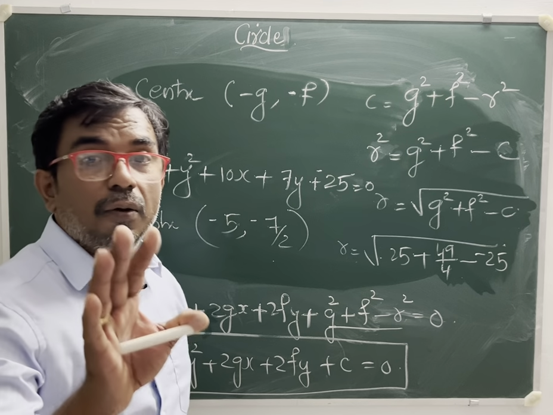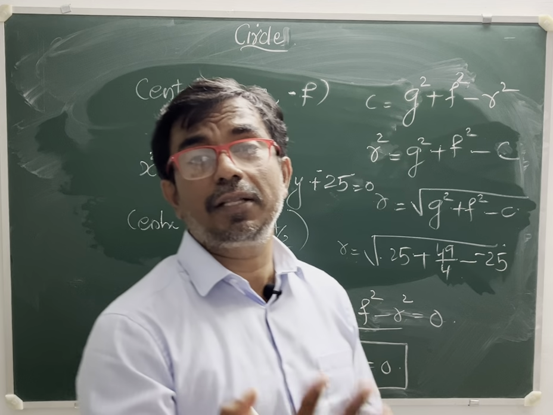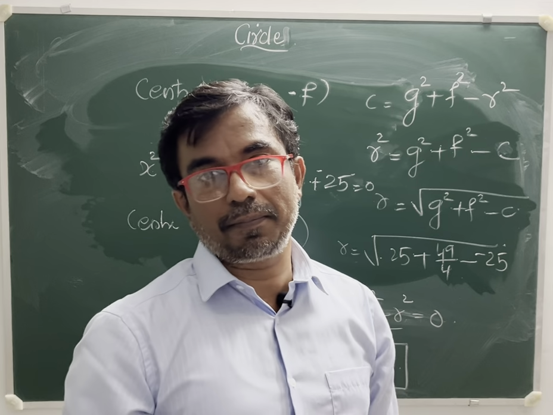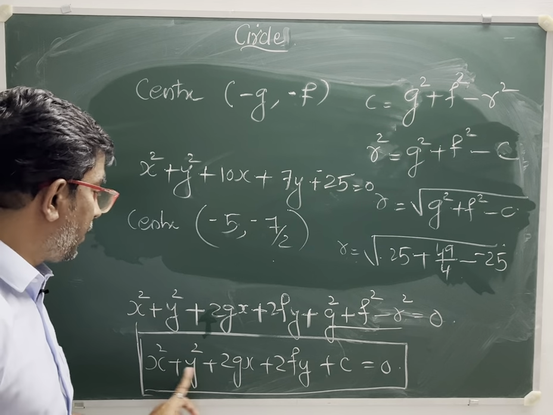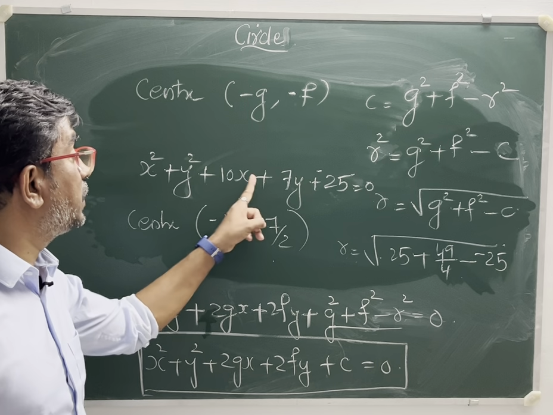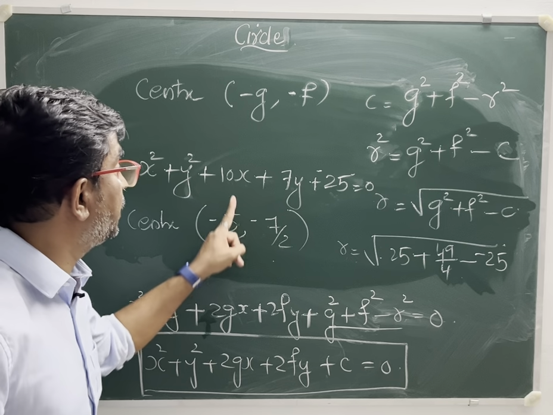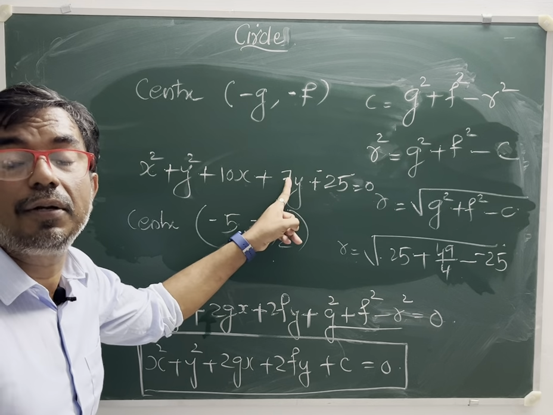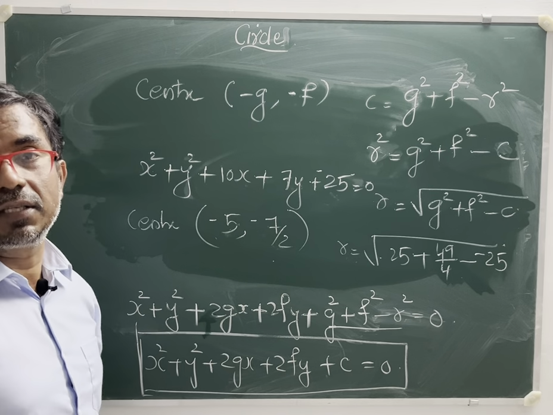So once again, when you have x minus h the whole square plus y minus k the whole square equal to r square form, you can easily look and tell the center. If it is an expanded form like this, you have to remember this. Take half of the x coefficient and put the opposite sign of what exists. Take half of the y coefficient and put the opposite sign, and you will get the x coordinate and y coordinate of the center.